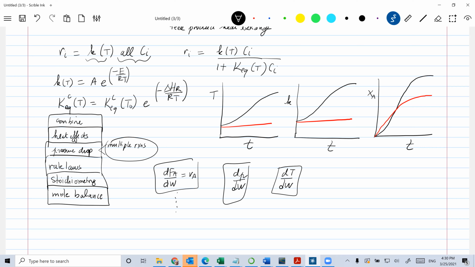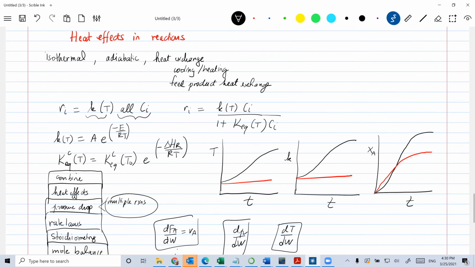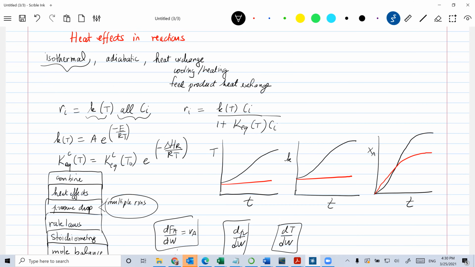And once again, the temperature equation, so this is for a packed bed reactor, will change depending on what form of operation. So if you operate isothermally, it's the simplest one. But to operate isothermally, you have to add some level of heat or remove heat.